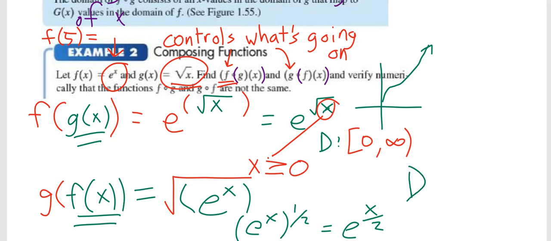What's the domain? And why did it suddenly open up to negative infinity to infinity? Square root of e to the x. Because what?